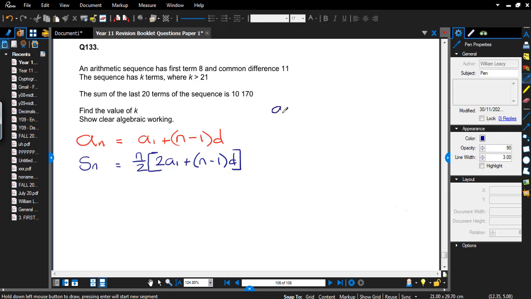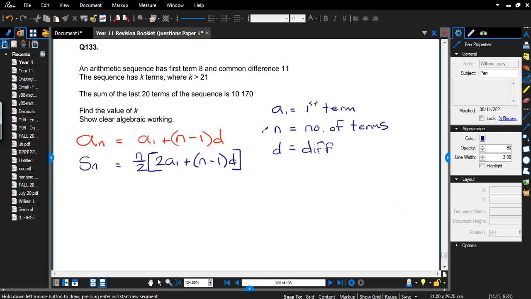So a_1 equals the first term, n equals the number of terms, and d is the difference between the terms.